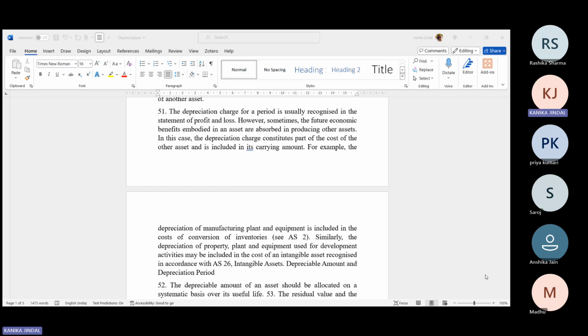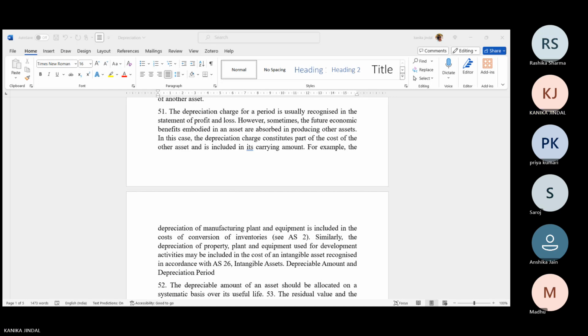So plant and equipment used for development activities can be included in the cost of intangible asset, which is recognized under accounting standard 26. So depreciation amount and the depreciation both are included.